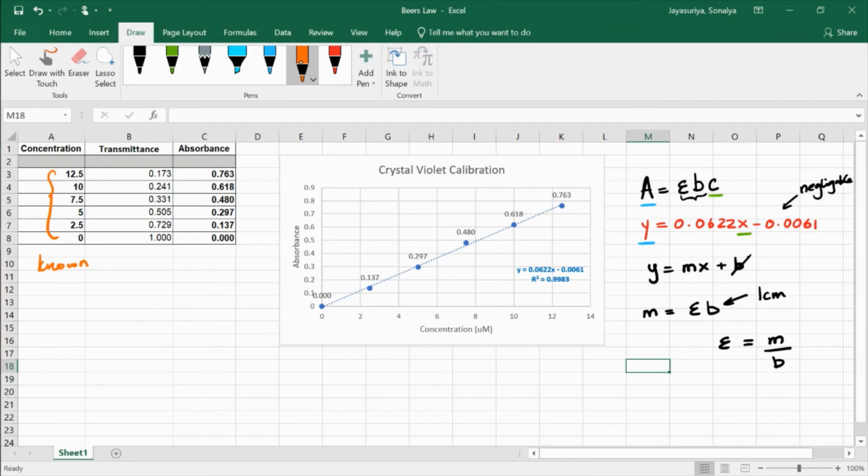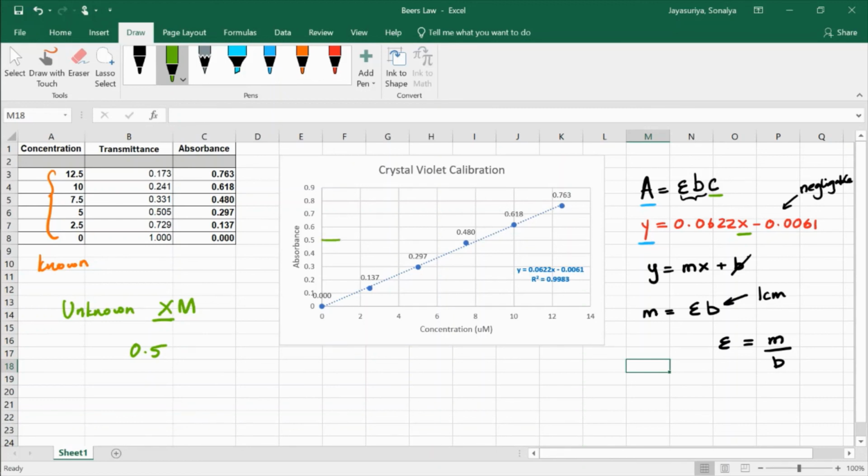And we obtain the absorbance data for known concentrations so that if I tell you I have an unknown molarity crystal violet solution, let's say X molar, I don't know what this molarity is, but it has an absorbance of, let's say, 0.5.